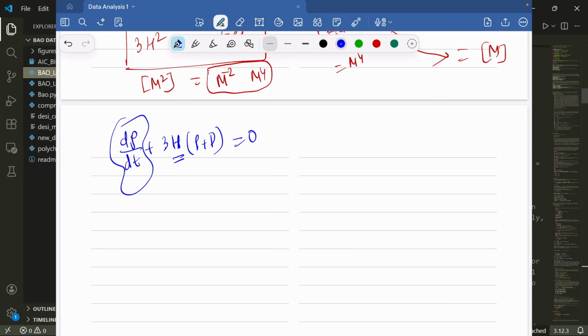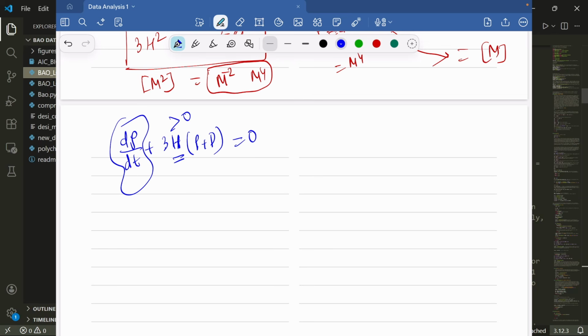That is how we found out observationally that H is greater than 0. It is a strictly increasing function. If H becomes negative, then it shows that our universe is contracting, but the observation shows that H is strictly an increasing function. So d rho by dt is telling us that whatever energy density we have in our universe, it is diluting away with the expansion of the universe, right?